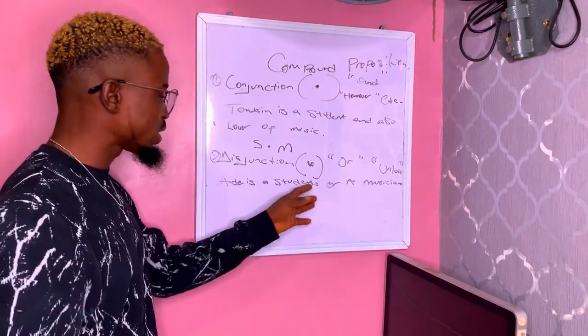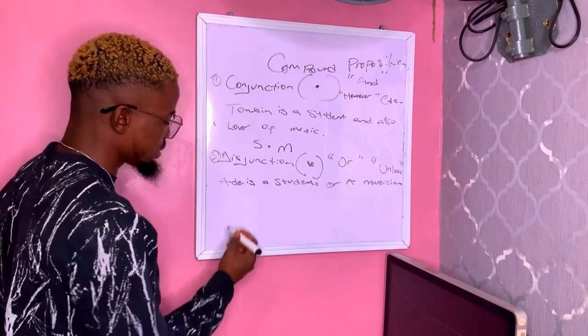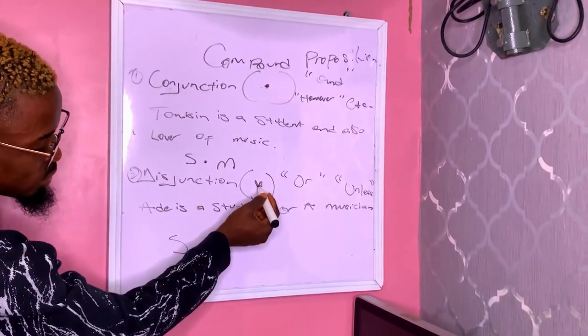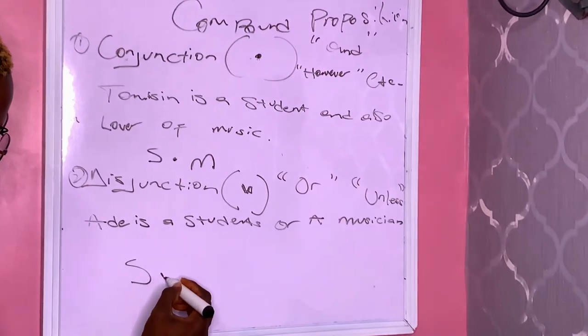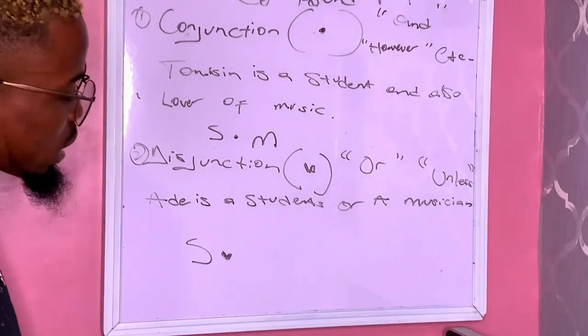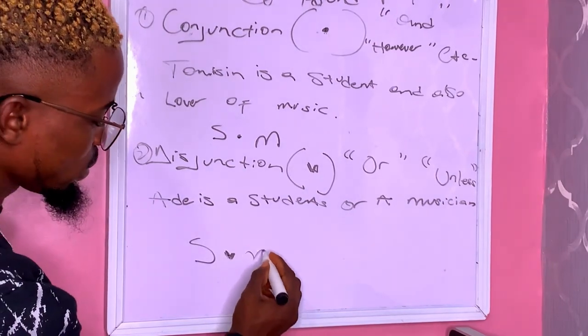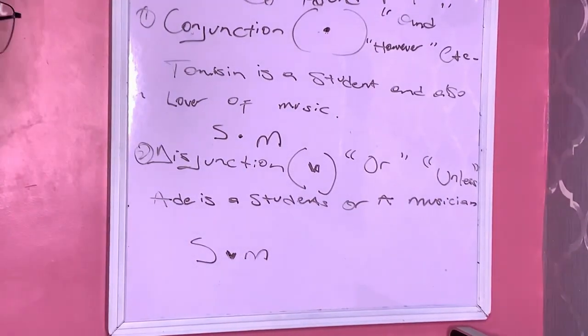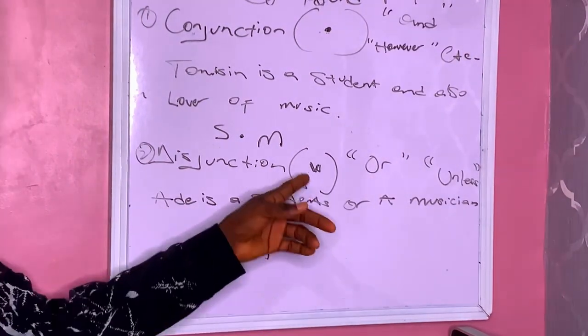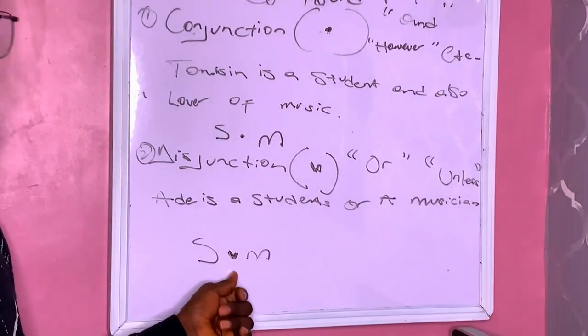So if I want to symbolize Ade is a student, I can say S. Then this "or", I'm going to symbolize it with this V, just this one V. Then Ade is a musician, let's say I'm representing that with M. So this is how to symbolize Ade is a student or Ade is a musician. So this "or" is what I'm representing with this V.